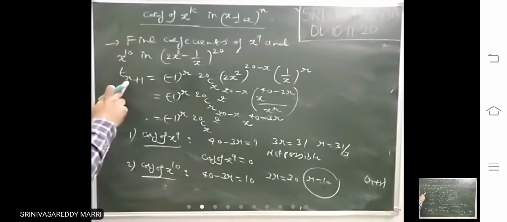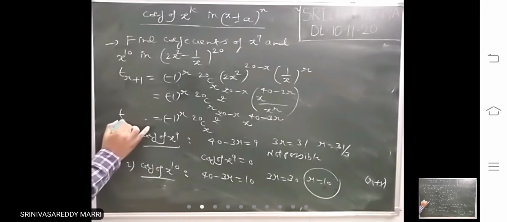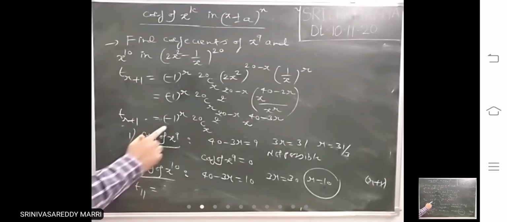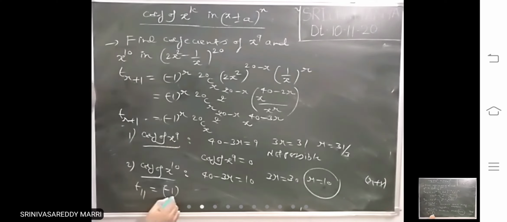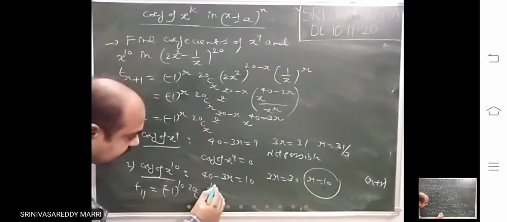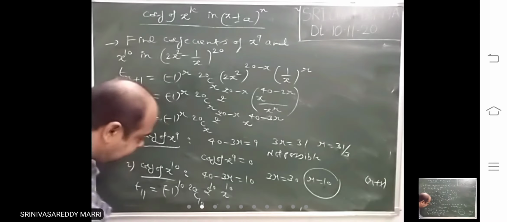If you substitute r equal to 10 in the general term, T11 equals minus 1 whole power 10 into 20C10 into 2 power 10 into x power 10.